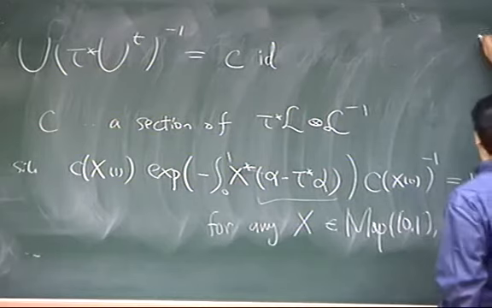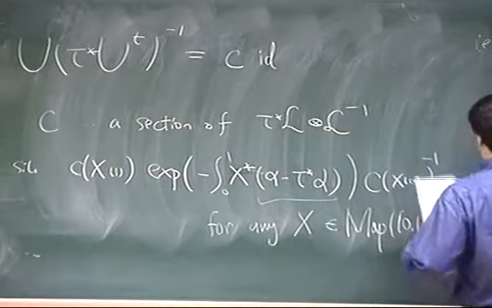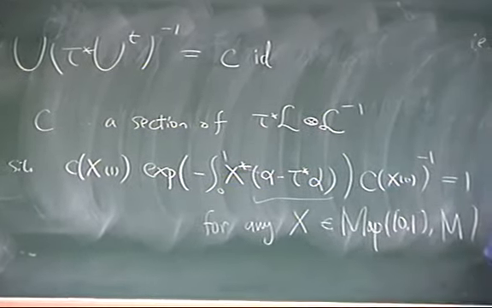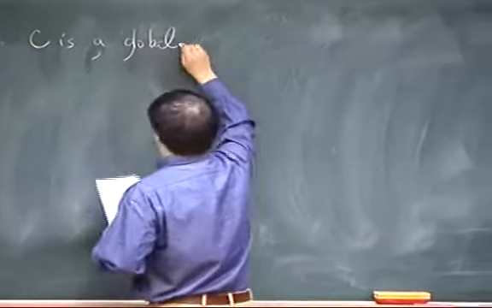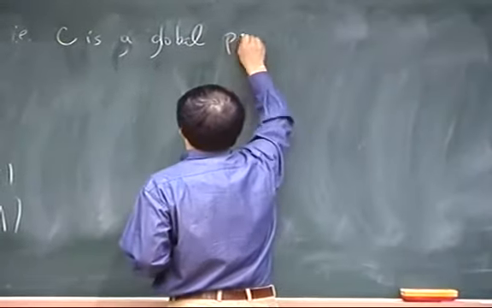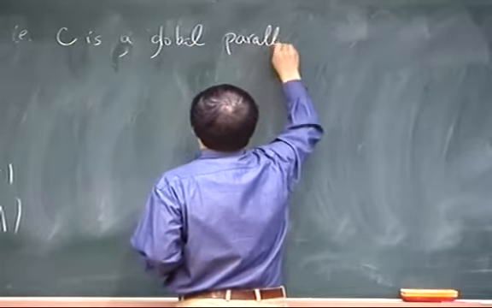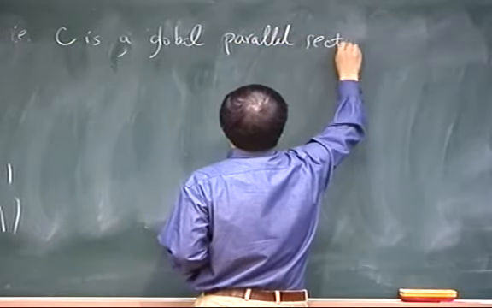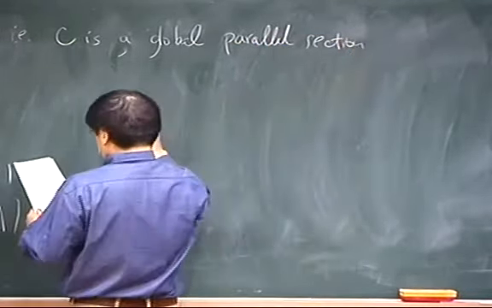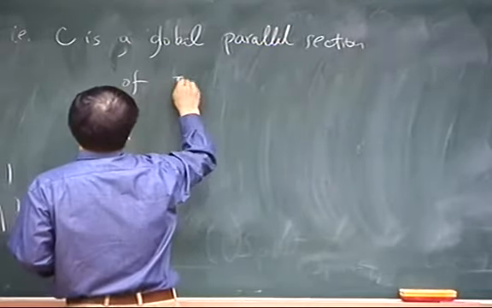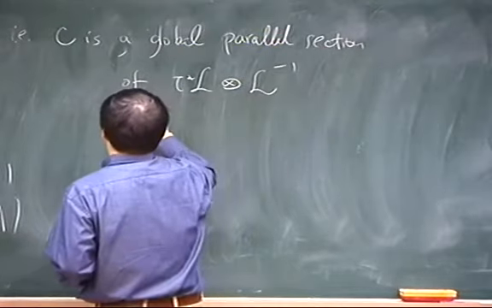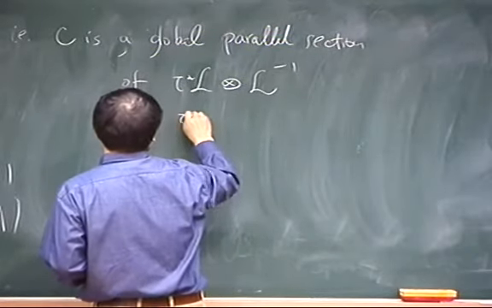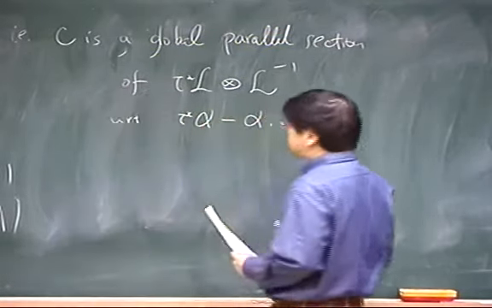So by this, C is a global parallel section of this bundle with respect to the connection tau star alpha minus alpha.